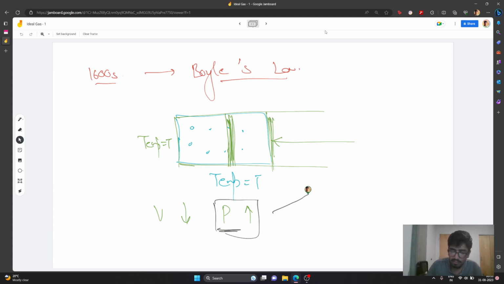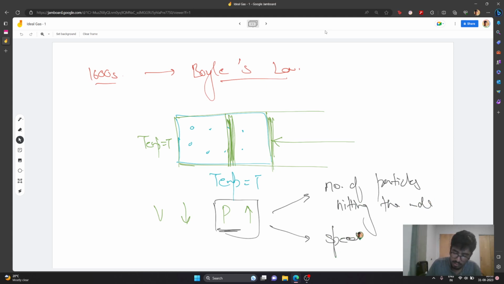The book mentions two sources. It can come from the number of particles that are hitting the wall, and the other source is the speed of those particles, speed plus mass, which we can combine into a single factor, the kinetic energy of each particle.